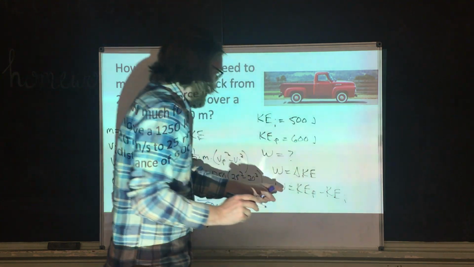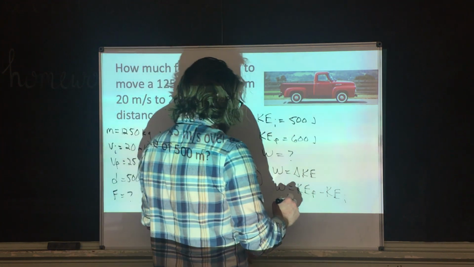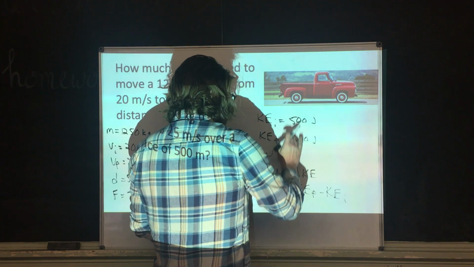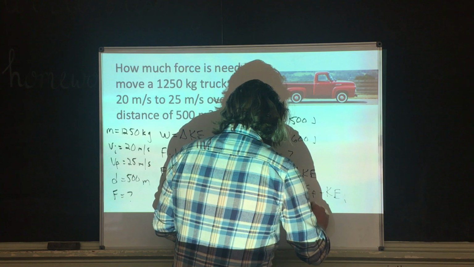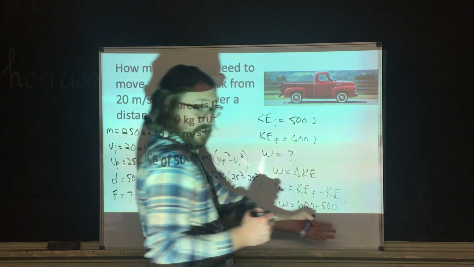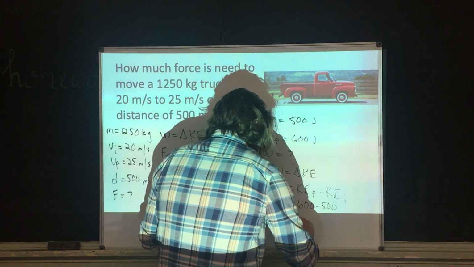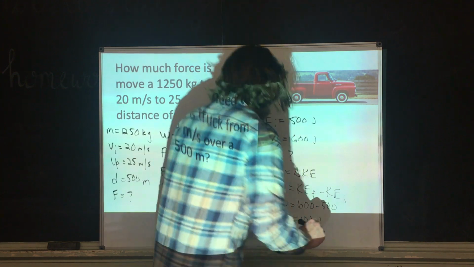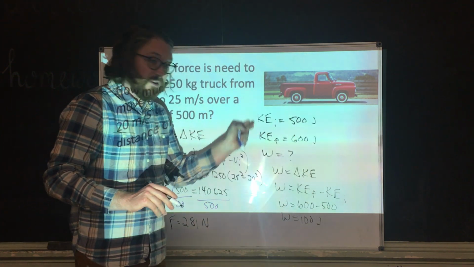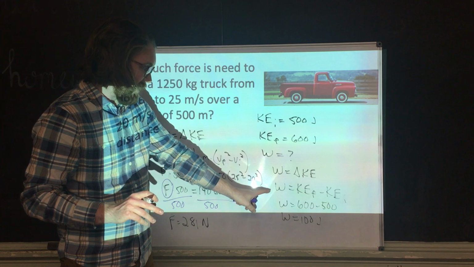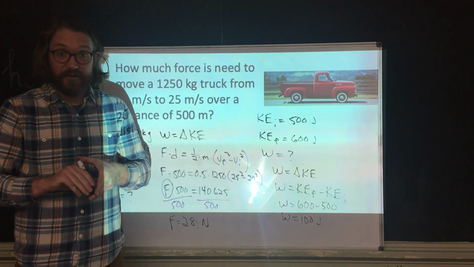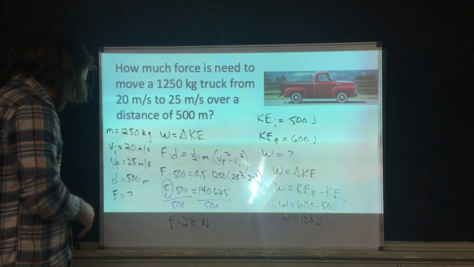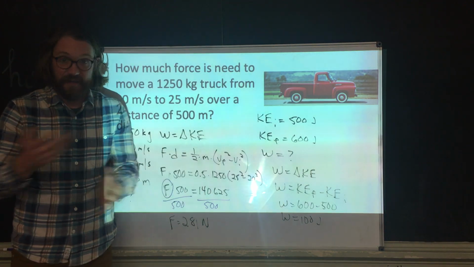So if you know these, you can just plug them in, okay? Well, this one would be work is equal to 600 minus 500. 600 minus 500 gives us a work is 100 joules. So if it just gives you initial and final, use this equation right here. Work equals the final kinetic energy minus the initial kinetic energy. So that one's going to be simpler than you may think it is.